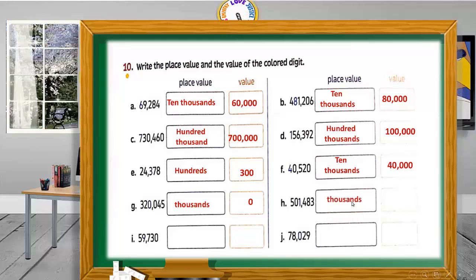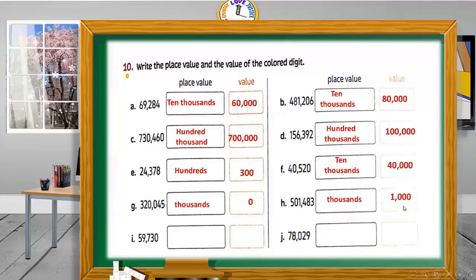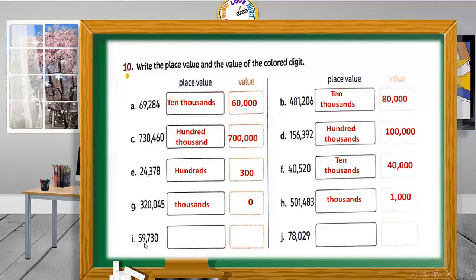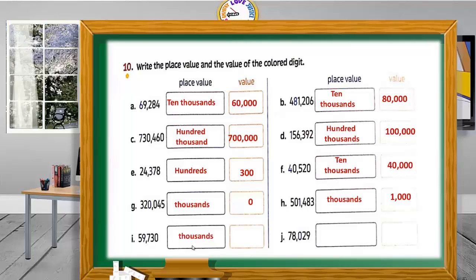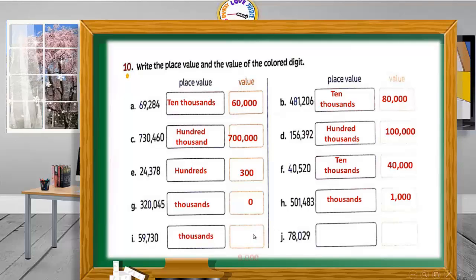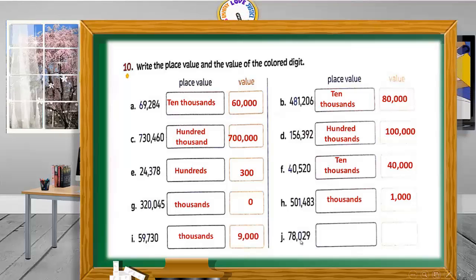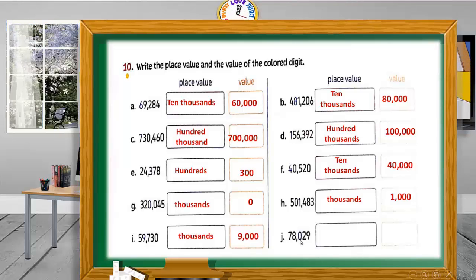So you should write here thousands, and the value is 1,000. The colored digit is in thousands. You should write thousands. The value is 9,000.